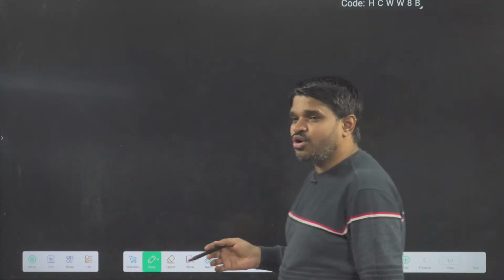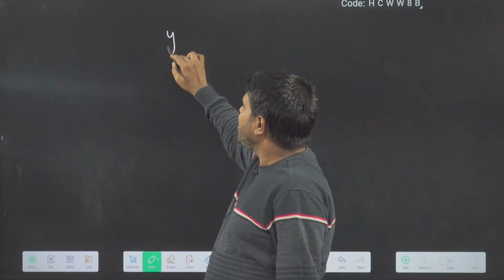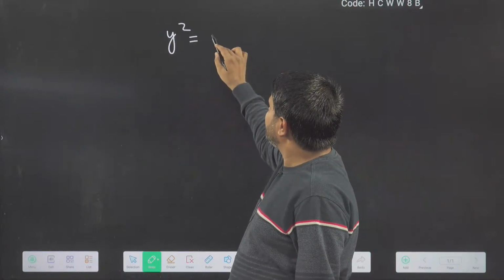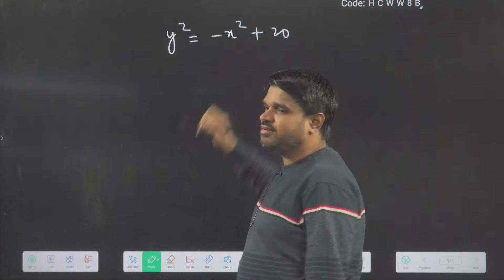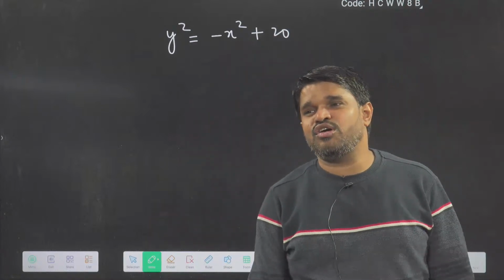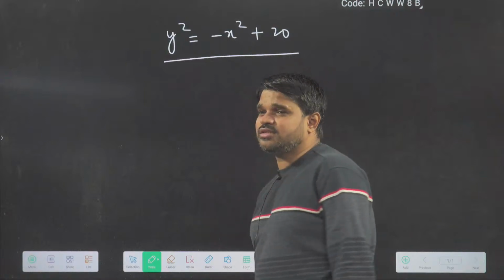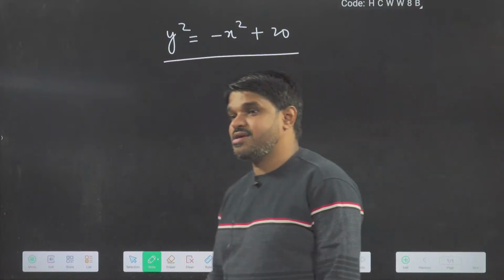Starting with the first equation: y square equals minus x square plus 20. This is the equation of what? Y square equals minus x square plus 20.